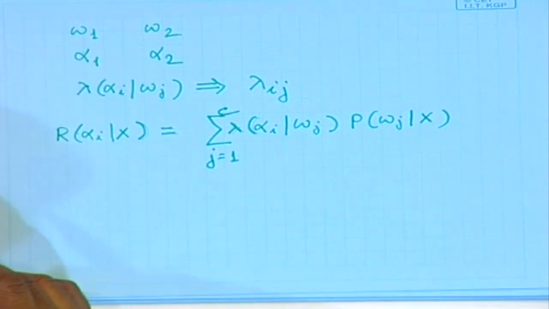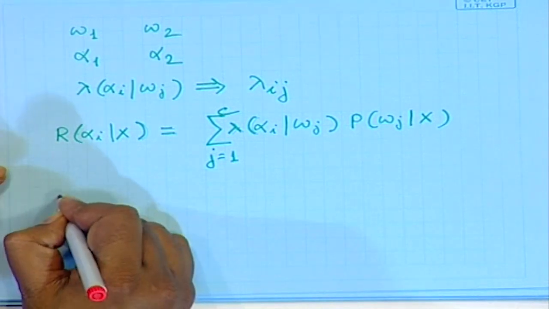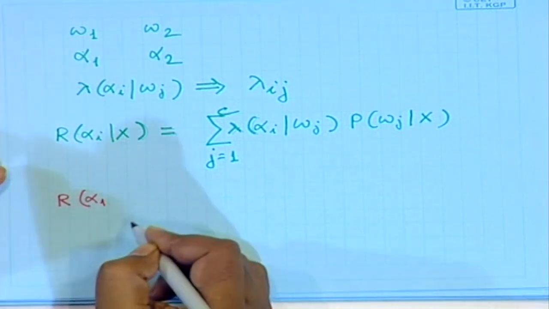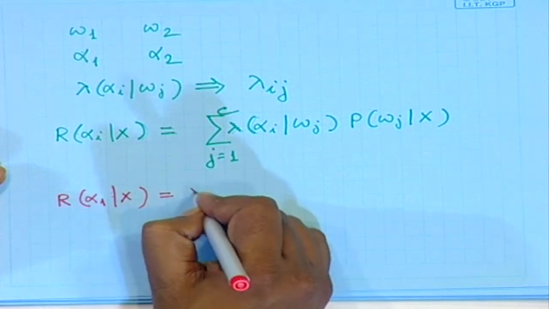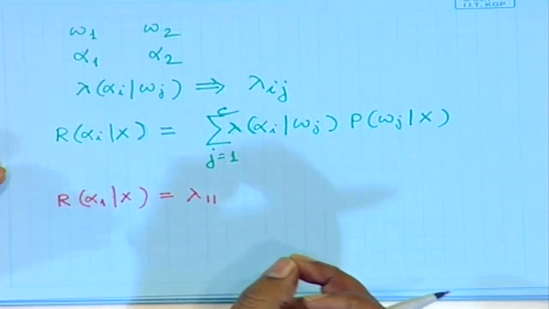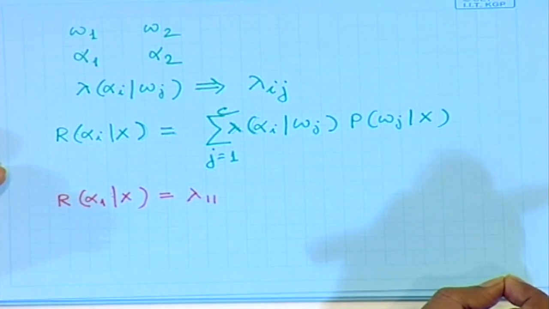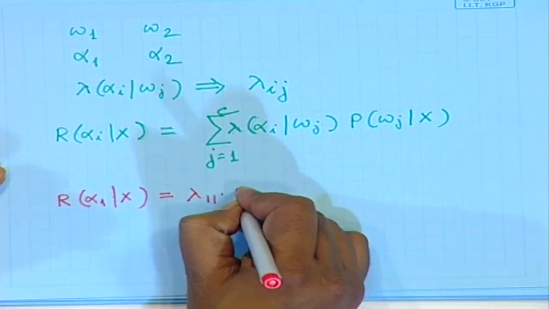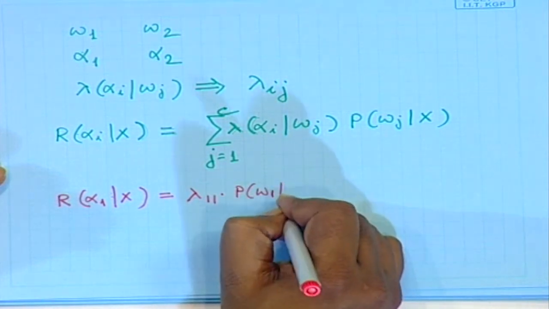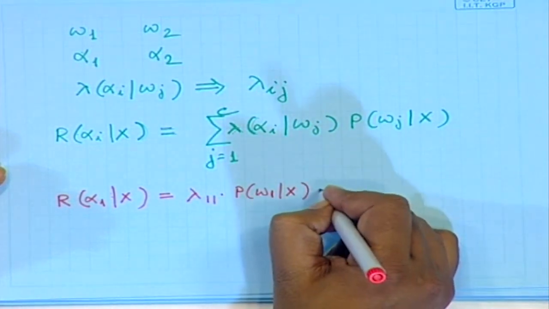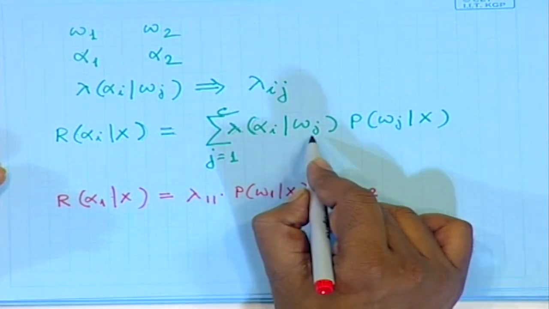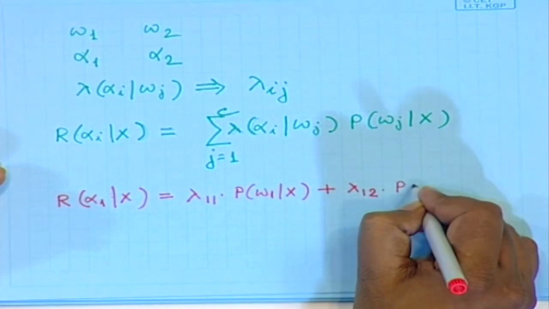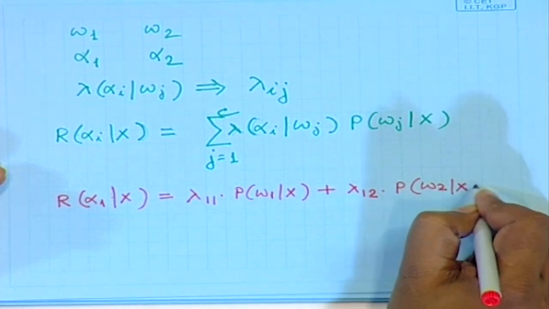In our 2 class problem, if I take action alpha 1, I will have r of alpha 1 given x, which will be lambda 1 1, that means lambda alpha 1 given omega 1, into p of omega 1 given x, plus lambda 1 2, that means lambda alpha 1 given omega 2, into p of omega 2 given x.